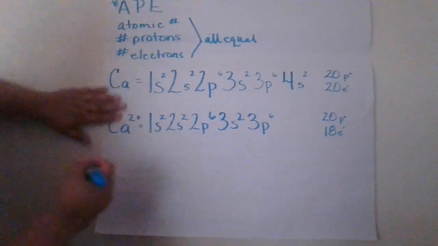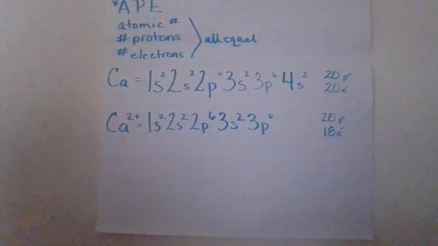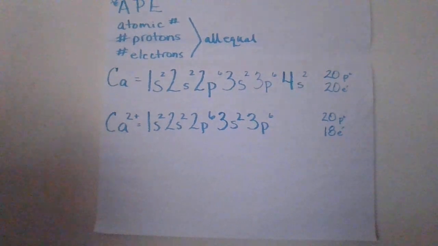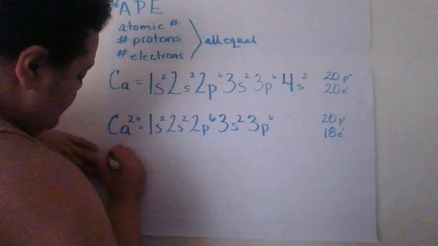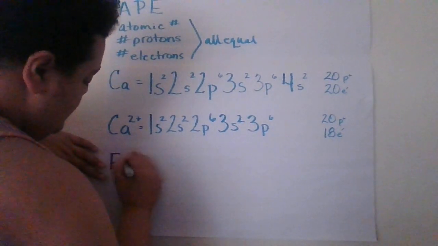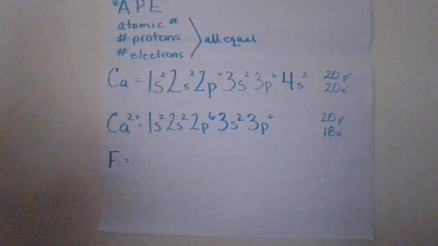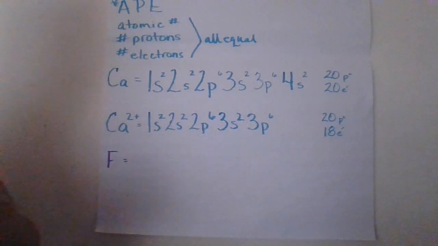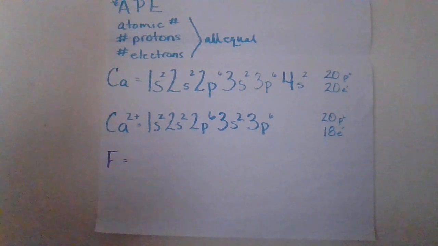So let's take a look at fluorine. I'll use another color. So fluorine, if we were to go ahead, grab your periodic table, pause the video, and attempt to write your normal electron configuration for fluorine.